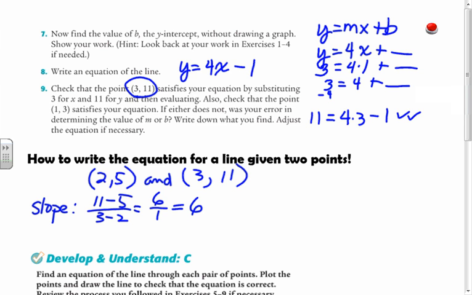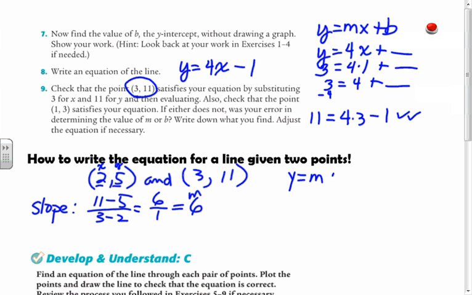Then we are going to plug in one of the points. It doesn't matter which one you do, but let's take (2, 5). We're going to use 2 for the x, 5 for the y, and 6 for the m. And then we're going to figure out what b would have to be to make all that true.